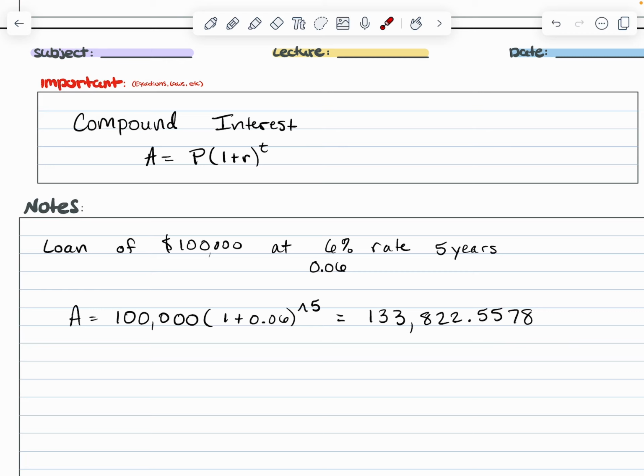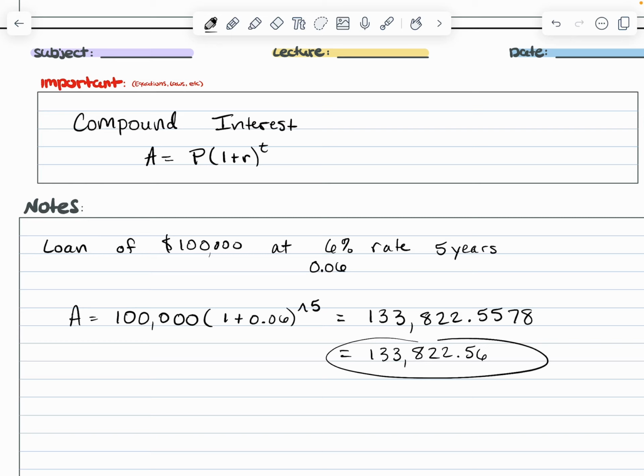Since this is a 7, my 55 cents is going to round up to 56 cents. So this is actually going to be $133,822.56.